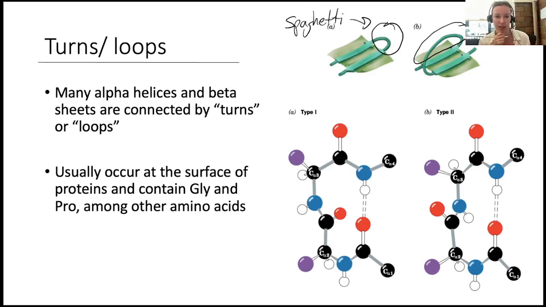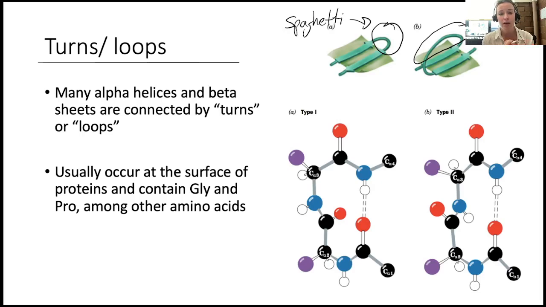They always look like these little spaghetti strings, and they're connecting structure to one another. Turns and loops are most often found on the surface of proteins, connecting the other types of secondary structure to each other.